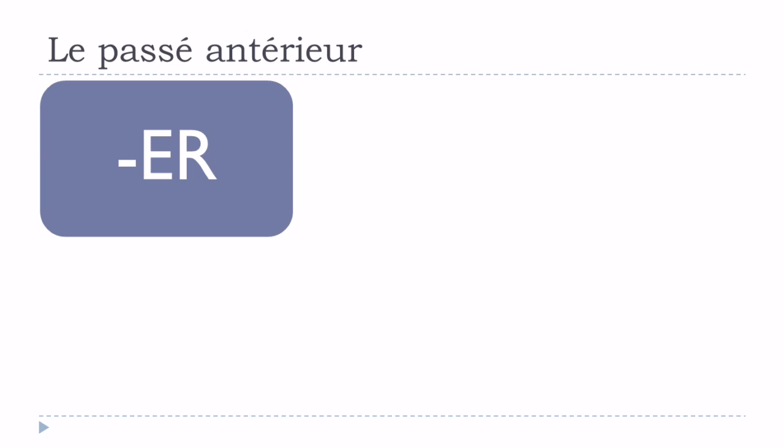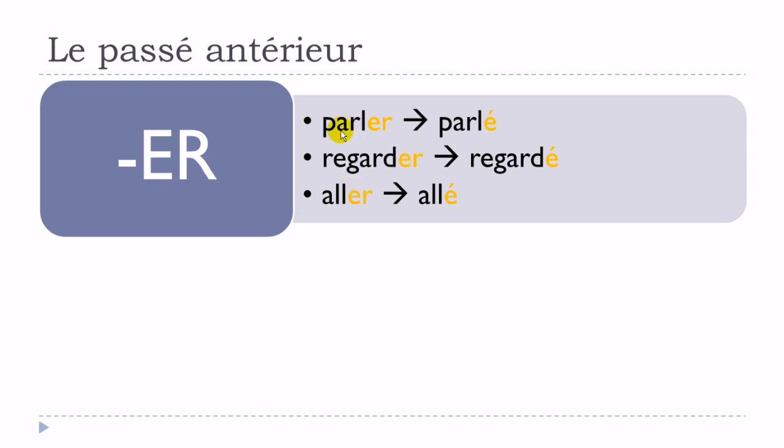And keep in mind that when we're talking about the verbs from the first group, regular verbs ending with er, then they will be quite easy, because you just need to take away this er form and you put accent aigu instead. Phonetically it's quite easy because it's exactly the same thing. Parler will become parlé.